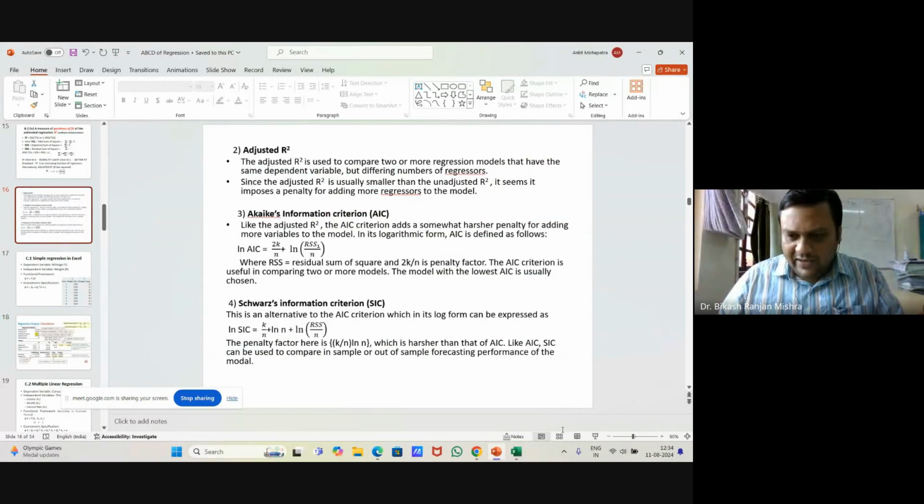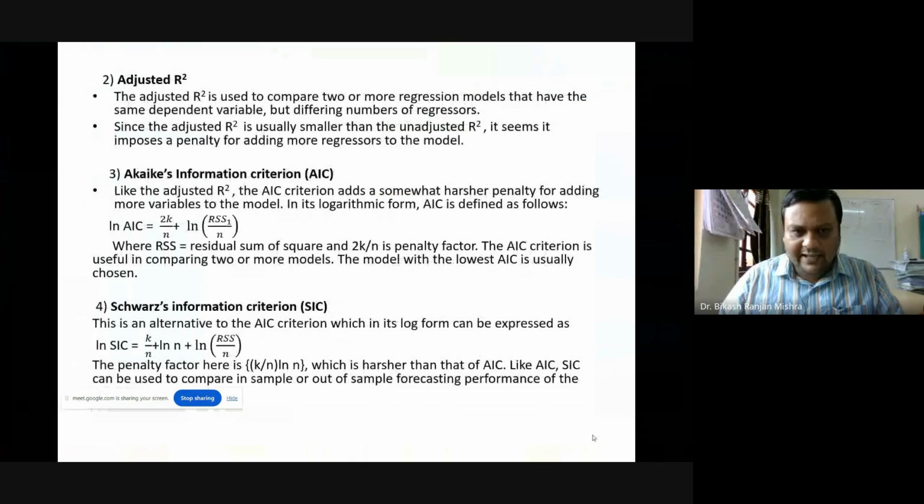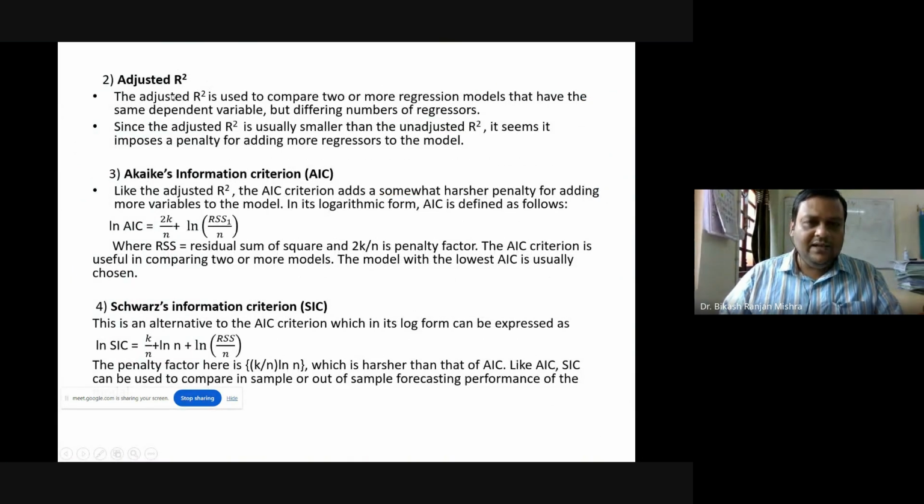The adjusted R square interpretation as per our slide is written over here. The adjusted R square is used to compare two or more regression models that have the same dependent variable but a differing number of regressors. Since the adjusted R square is usually smaller than the unadjusted R square, it imposes a penalty for adding more regressors to the model.